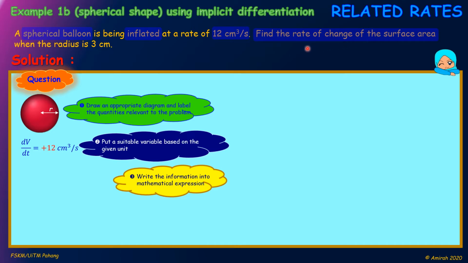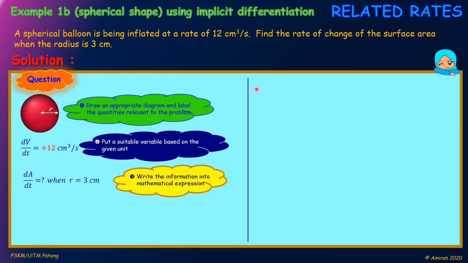The symbol should be dA, A for surface area, over d time because of rate of change, equals question mark because we want to find it, when r equals 3 cm. So this is the given question and we write into mathematical expression.